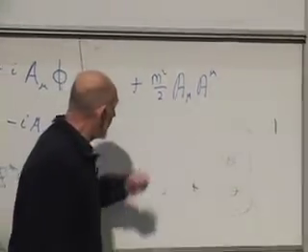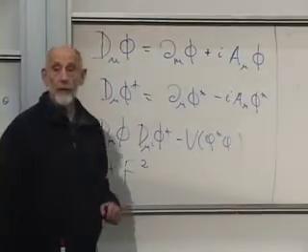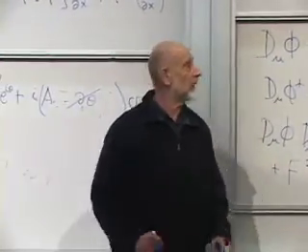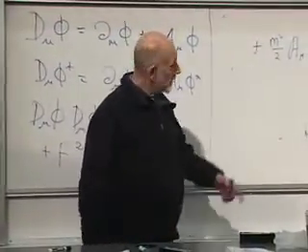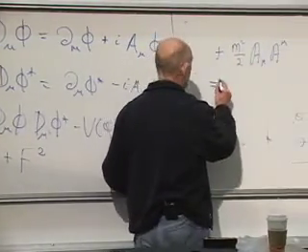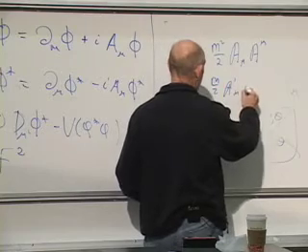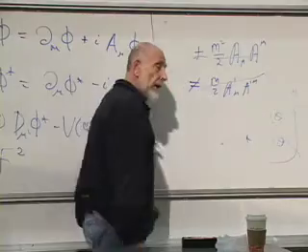If we added this term to the Maxwell theory here, we would be adding a mass to the photon. However, it's forbidden if we want the theory to be gauge invariant. This is not gauge invariant. This is not equal to m squared over 2 A prime mu, A prime mu. So this is forbidden by gauge invariance.